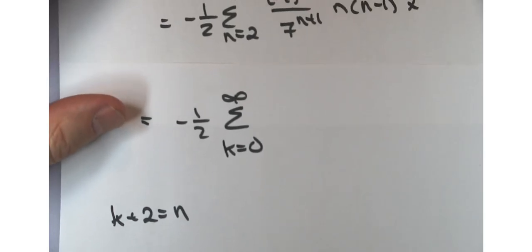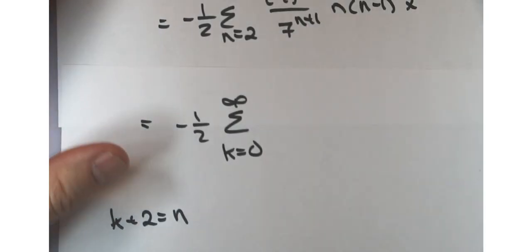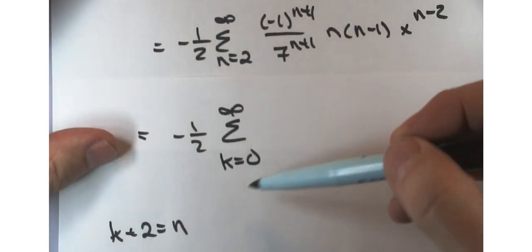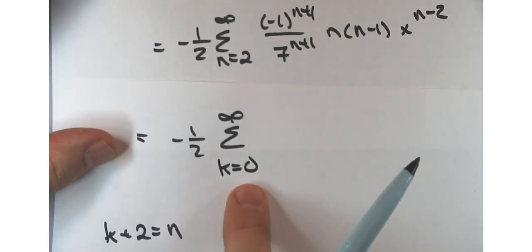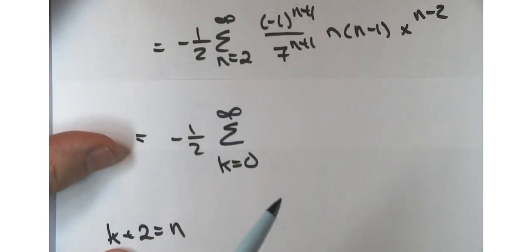Are you okay with this, k plus 2 equals n? If I'm going to have an equivalent series that starts at 0, then k plus 2 has to equal n.